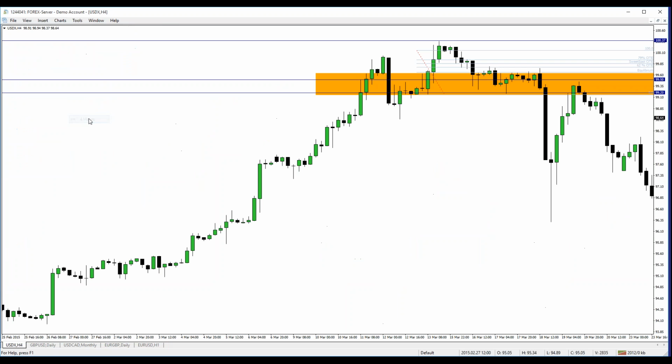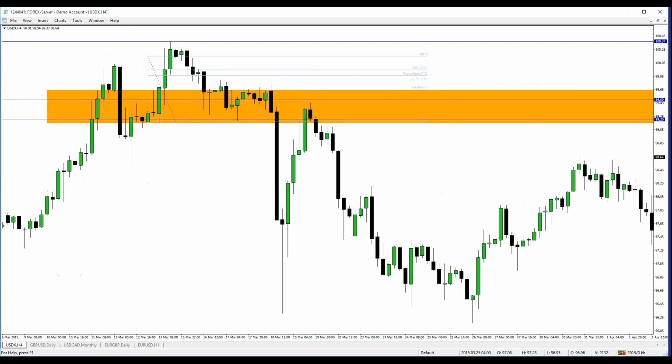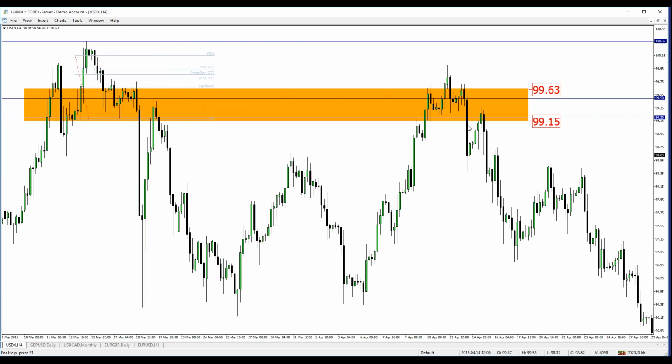Let's drop down to a 4-hour. All right, so here's that same price action, right in here on a 4-hour chart. Here's that first time it came up there and created the resistance level.